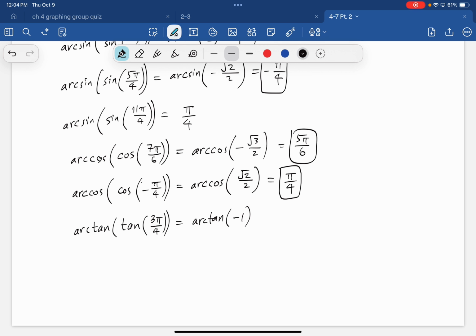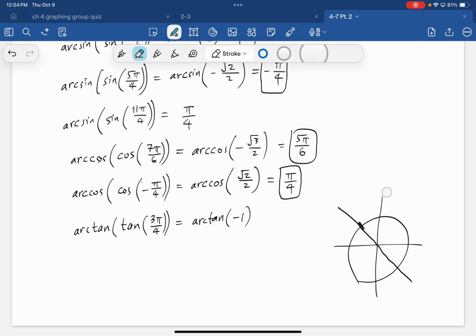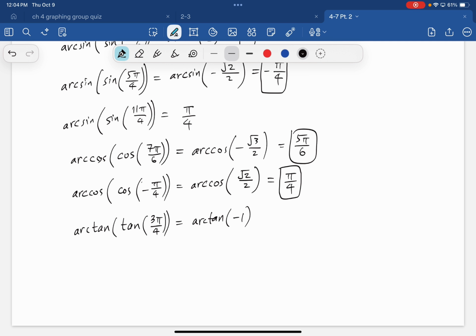You can use my slope trick. 3 pi over 4 is right here, and all I do is think about the slope of this line, which is -1. So what is arctangent of -1? Not 3 pi over 4. Wait, what's the range? Minus pi over 2 to pi over 2. Same as sine.